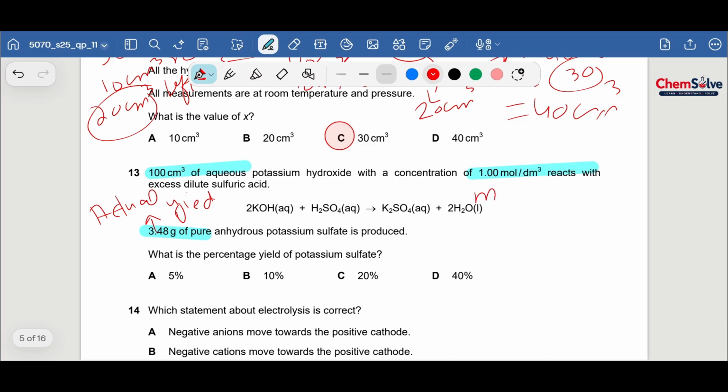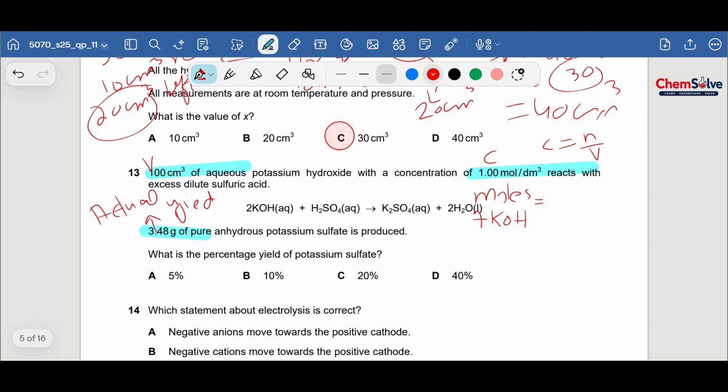So moles of KOH. We are provided with the volume and we are provided with the concentration. So obviously the formula we are gonna use here is concentration is equal to number of mole over volume in dm cube. So I will use that formula to calculate number of mole.